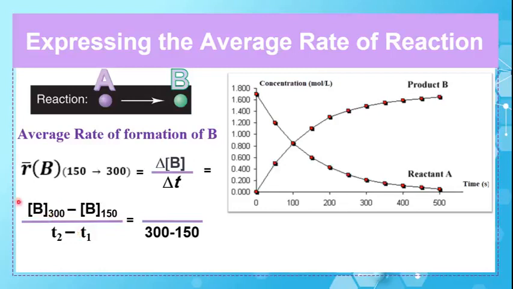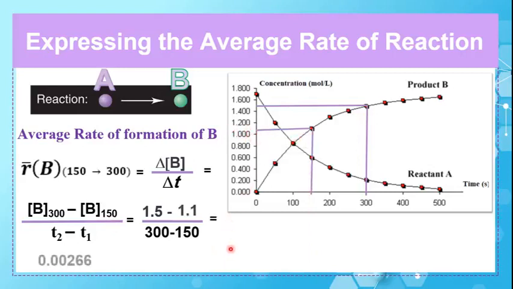The concentration of B at t equal 300 seconds is known from the graph. So for t equal 300, the concentration of B is equal to 1.5 mole per liter. So we write here 1.5 minus the concentration of B at t equal 150, which is 1.1, equal to 0.00266.